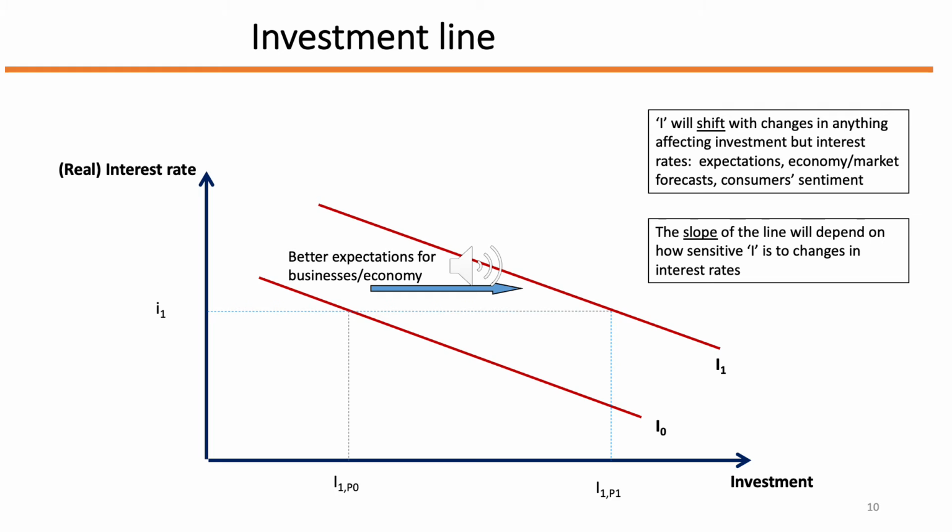So say, just for the sake of the explanation, that there are better expectations for the economy, for businesses. So corporations are expecting higher profits in the future. Then we will have a shift of the investment line from capital I0 to capital I1. So for the same level of interest rates as before, small i, now we have a much greater level of investment spending. Why? Because expectations in the economy are much better than before.